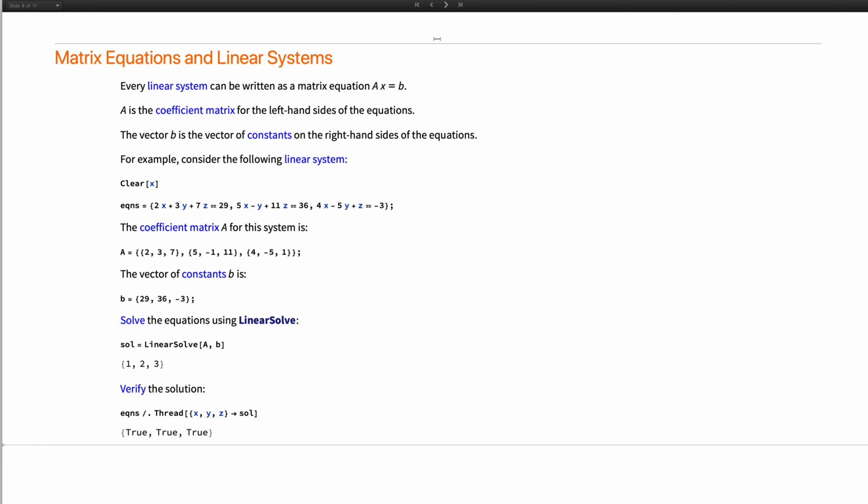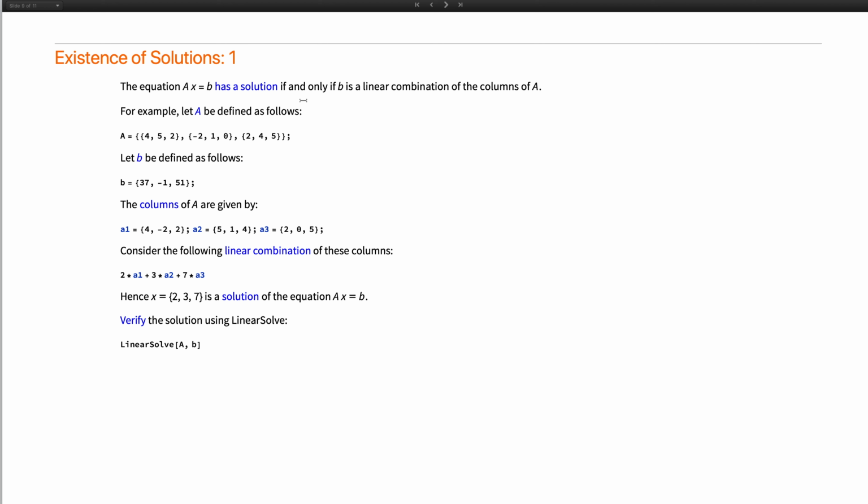Okay, once we understand that, then we can go a bit deeper and talk about when solutions for a matrix equation exist. So let's say you fix A and you fix B. Then this equation has a solution if and only if B is a linear combination of the columns of A. So let's check that.